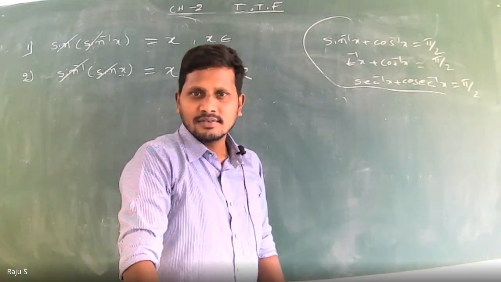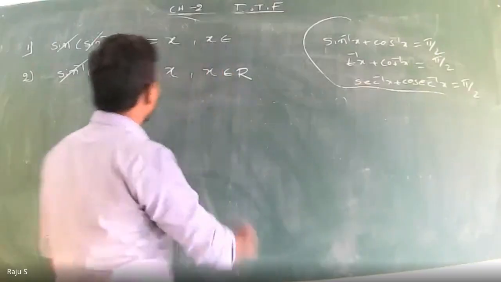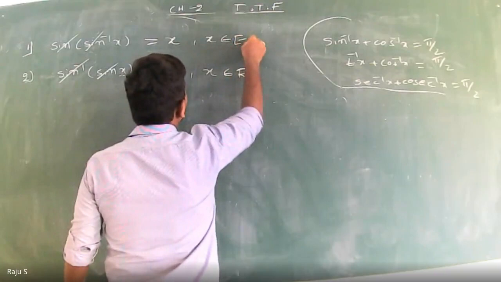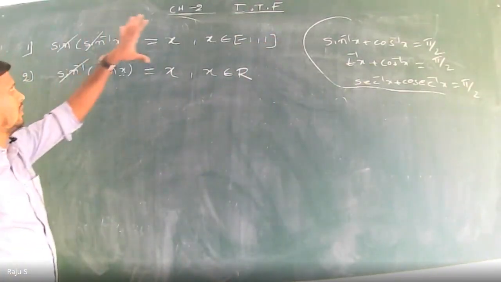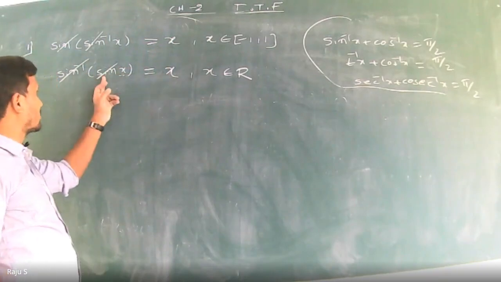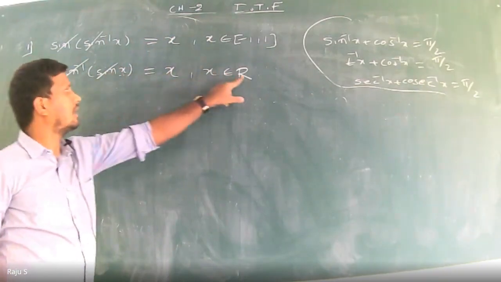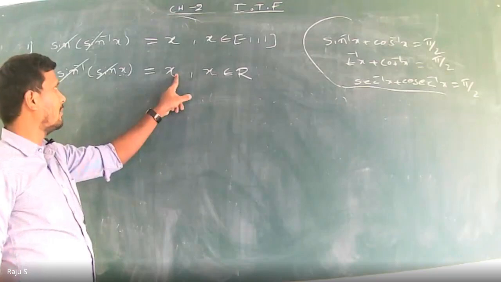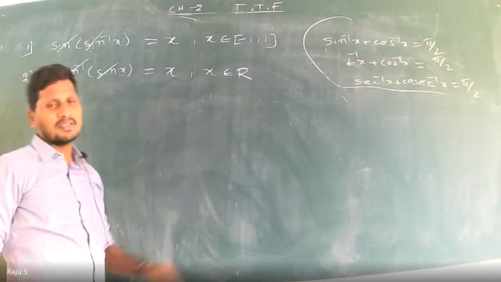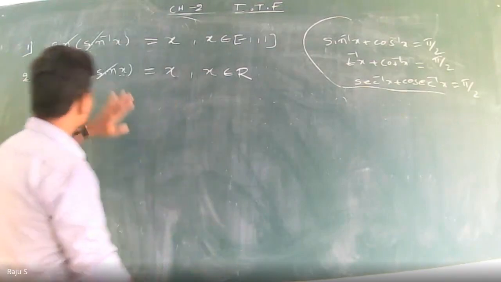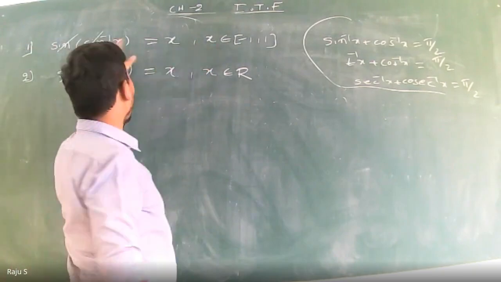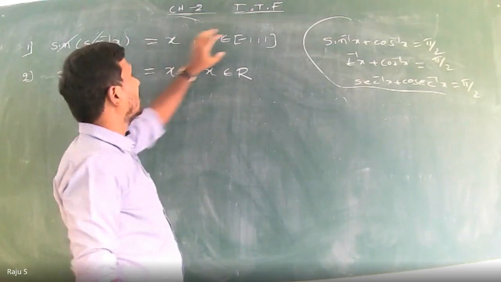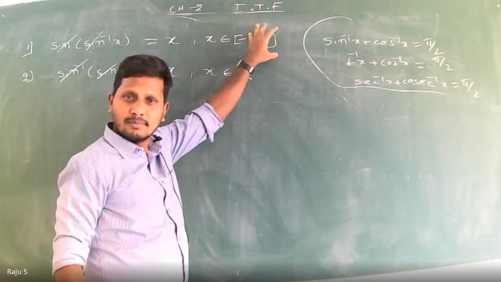Minus 1 to 1. Wonderful. Both will cancel and give x, but here x belongs to the domain of sine, which is R, any value from minus infinity to plus infinity, whereas for sine inverse x the domain is minus 1 to 1.